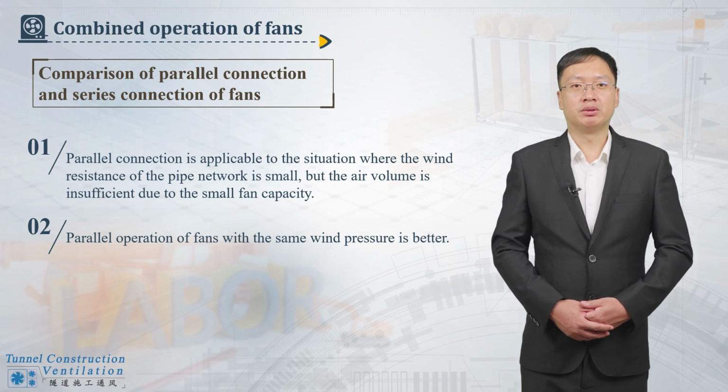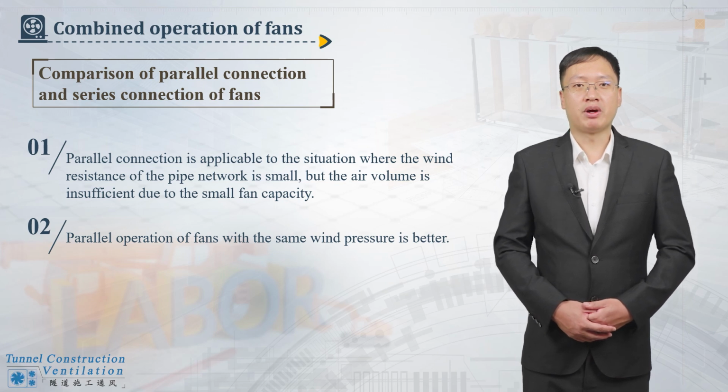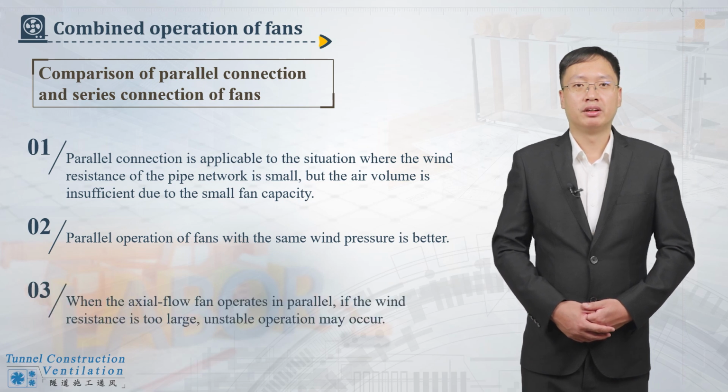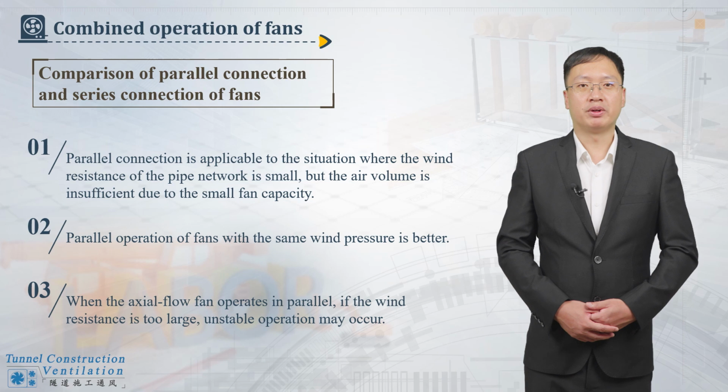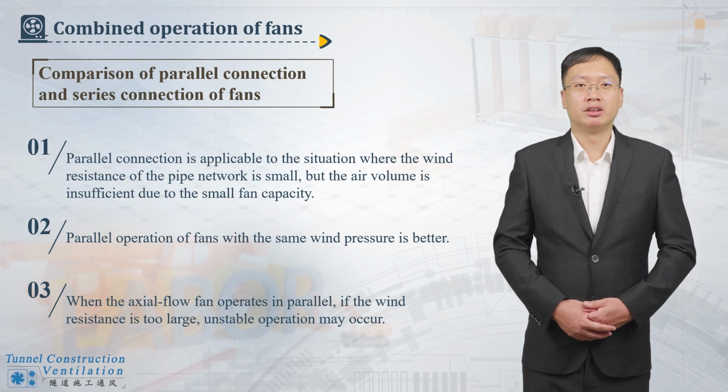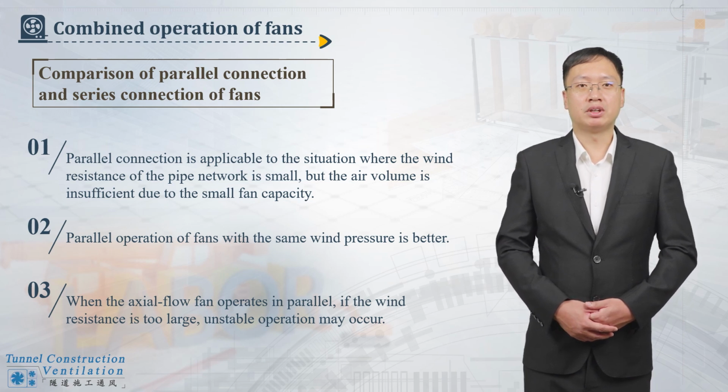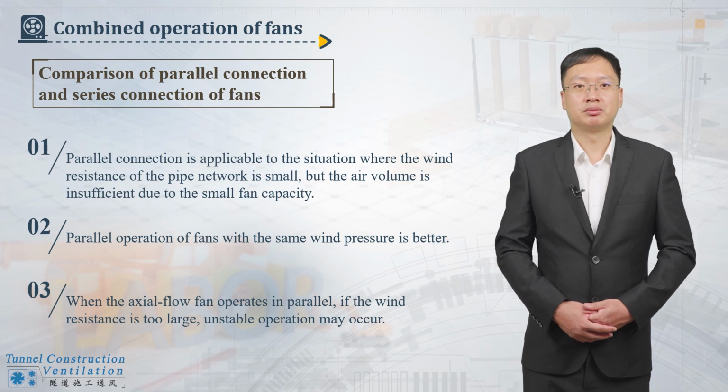Parallel operation of fans with the same wind pressure is better. 3. When axial flow fans operate in parallel, if the wind resistance is too large, unstable operation may occur. Therefore, when using axial flow fans in parallel, in addition to considering the parallel effect, stability analysis should also be carried out.